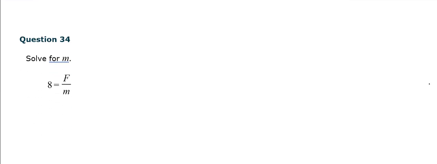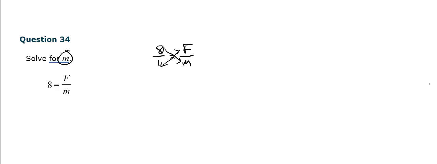In our next problem, we're dealing with more than one variable, and we're asked to solve, in this case, for m. So we have 8 equals f over m. So remember, we can express 8 as a fraction, and so now we have a proportion. And remember, in solving a proportion, one method to solve is through cross multiplying.